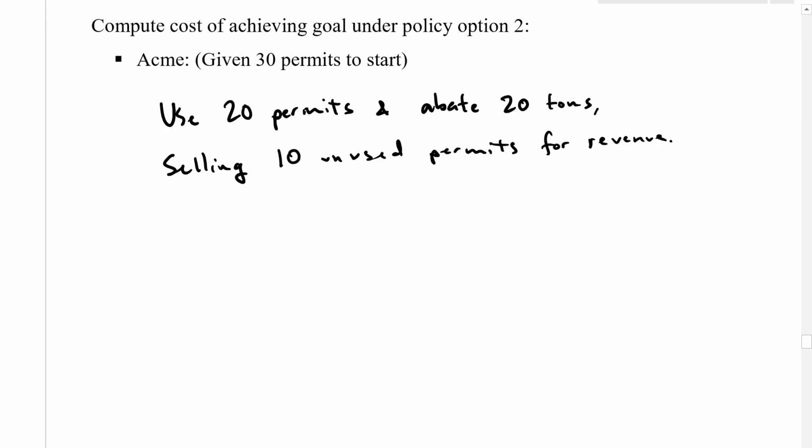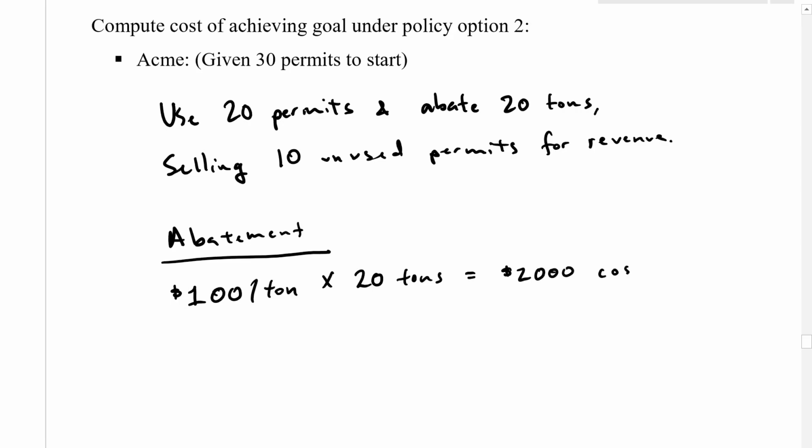So let's calculate all of those things separately. First of all, the pollution abatement. Remember, for Acme it costs $100 per ton to reduce their pollution. And in this case, they're going to get rid of 20 tons for an abatement cost of $2,000.